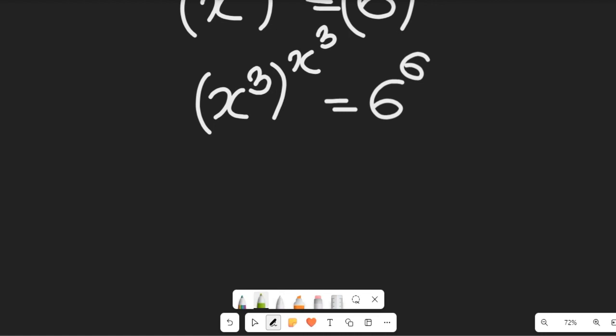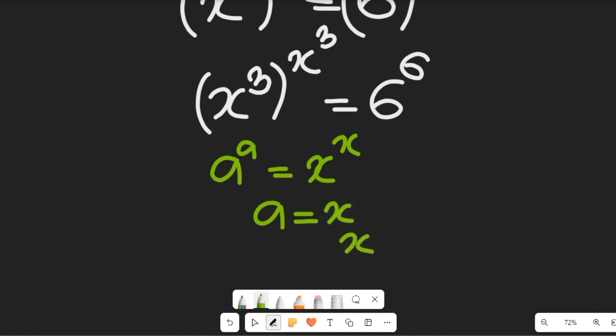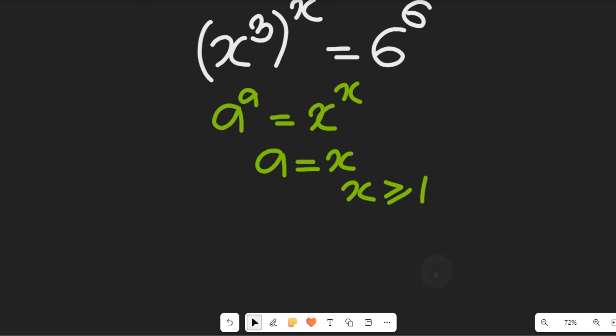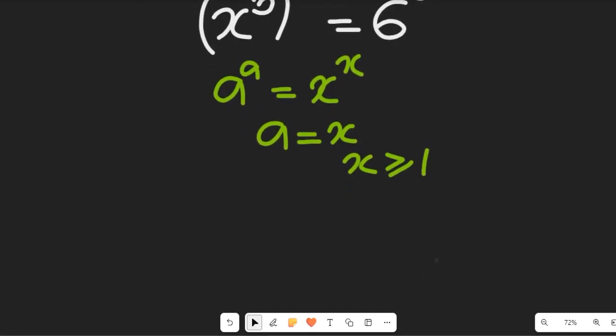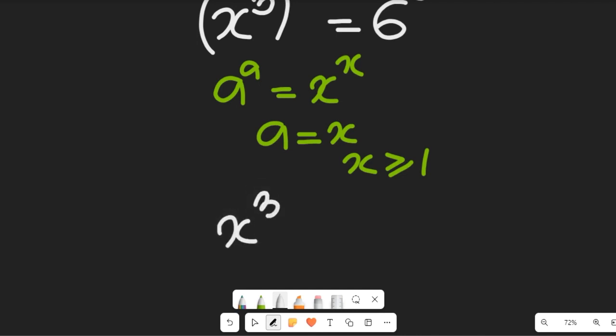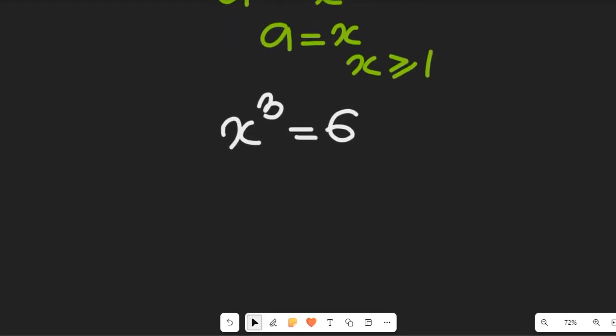Now recall, in a law of indices, if I have a to the power of a equal to x to the power of x, definitely a can be equal to x as long as x is greater than or equal to 1. So if we do that to that equation, x to the power of 3 will now be equal to 6.